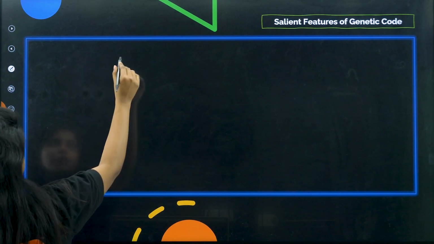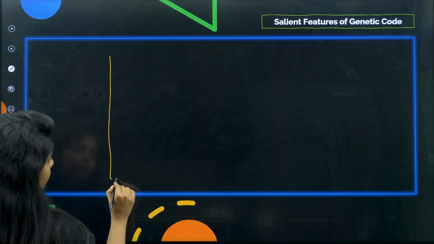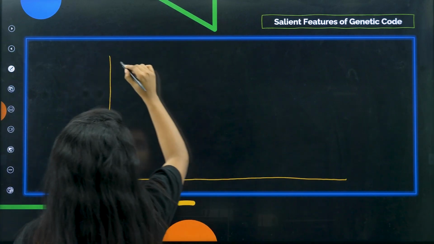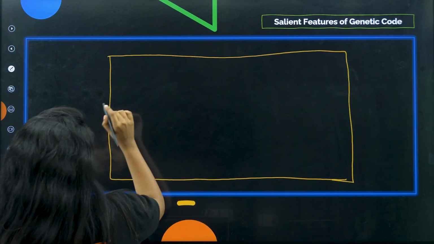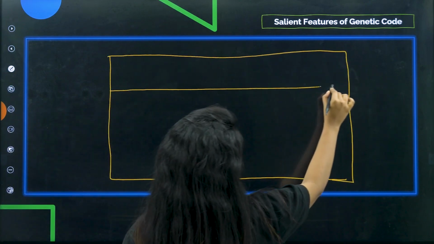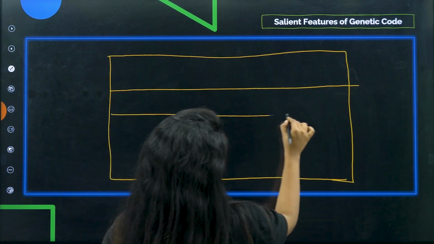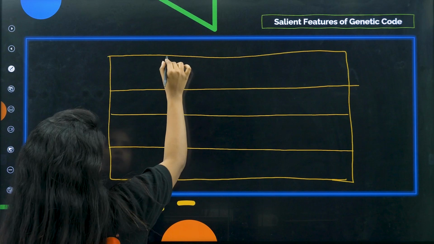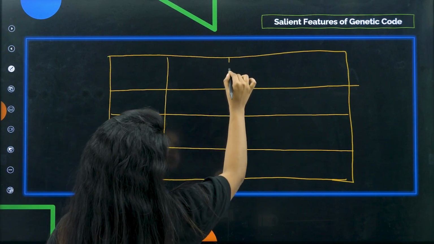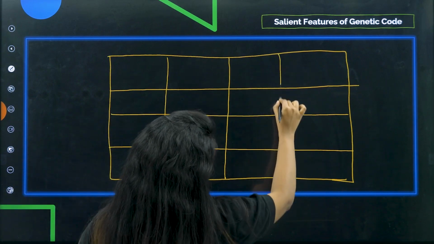I'll make that chart over here and tell you how to make things. We need to make 4 boxes: 1, 2, 3 and 4. Similarly over here also, 1, 2, 3 and 4.